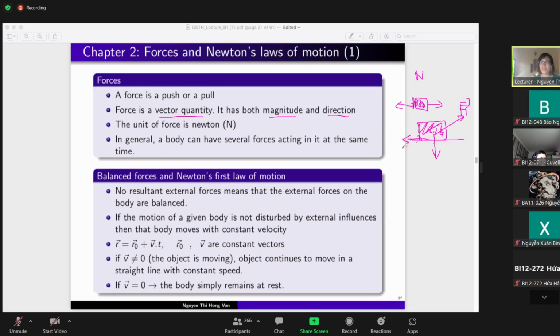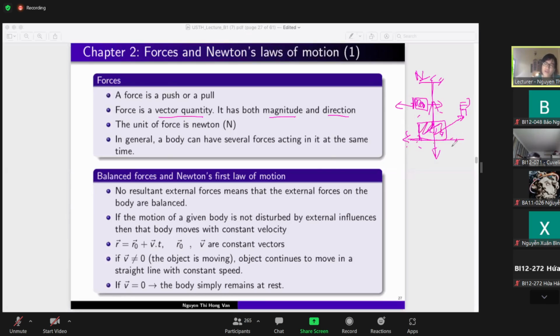Okay, so many forces are acting at the same time on one body. Not only one force, but many forces. And also you have a string here, pulling this way. So you have the tension here acting on the body. Okay, that is a general idea for the force.